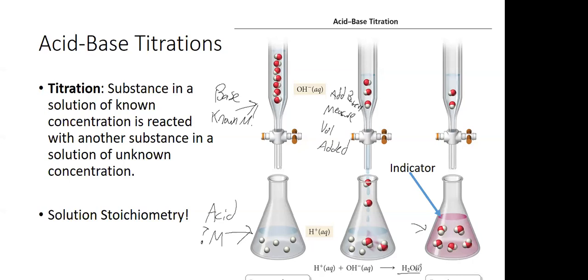In lab, you're going to use the same indicator as shown here. This indicator turns pink once your solution is basic. So the idea is that you slowly add base until your solution becomes pink, because that means you have no more acid. And then you use solution stoichiometry to figure out what the concentration of your unknown acid is.